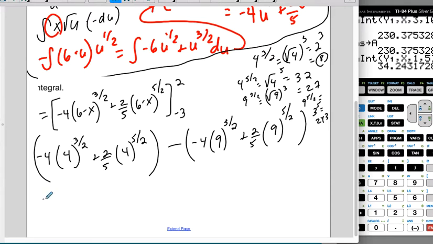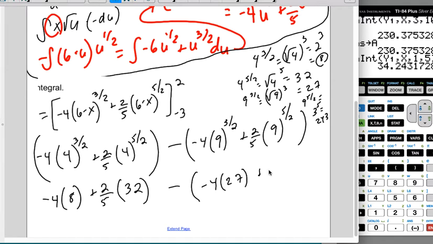All right, so I end up getting that this is a -4 times an 8 plus 2/5 times, that's not fun at all, 32. Minus, in parentheses, this is going to be a -4 times a 27 plus a 2/5 times a 243, which nobody really wants to deal with. Okay, cool.